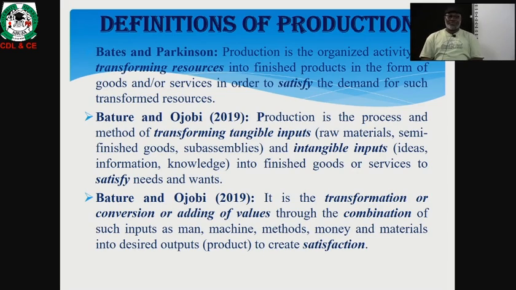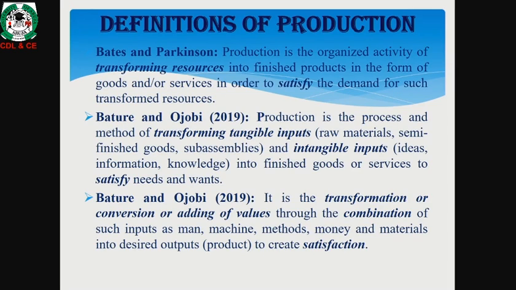What is production? Bates and Parkinson define production as the organized activity of transforming resources into finished products in the form of goods and services in order to satisfy the demand for such transformed resources.